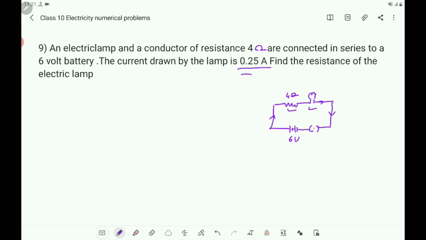So let us consider here that R equals 4 ohm plus R1, where R1 is the resistance of the electric lamp.